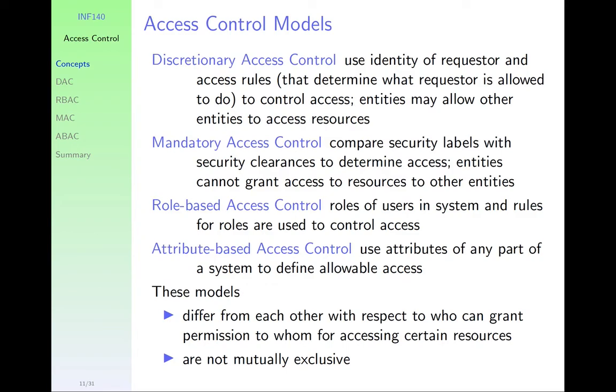So what is discretionary access control? From the word discretionary, it basically means the owner of a file or the owner of a resource can assign access rights to different users, to different subjects. So the owner of the file has the right to grant access permission to others. That's why it's called discretionary in this context.